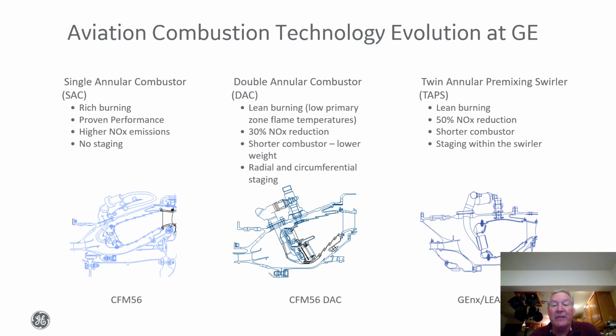We get a 50% NOx reduction, and it allows us to achieve combustion within a shorter distance. And we actually stage fuel within the swirler, rather than in the dual annular combustor example in the center, where we stage the fuel spatially in two different regions of the combustion chamber. We stage the fuel within the fuel nozzle itself.